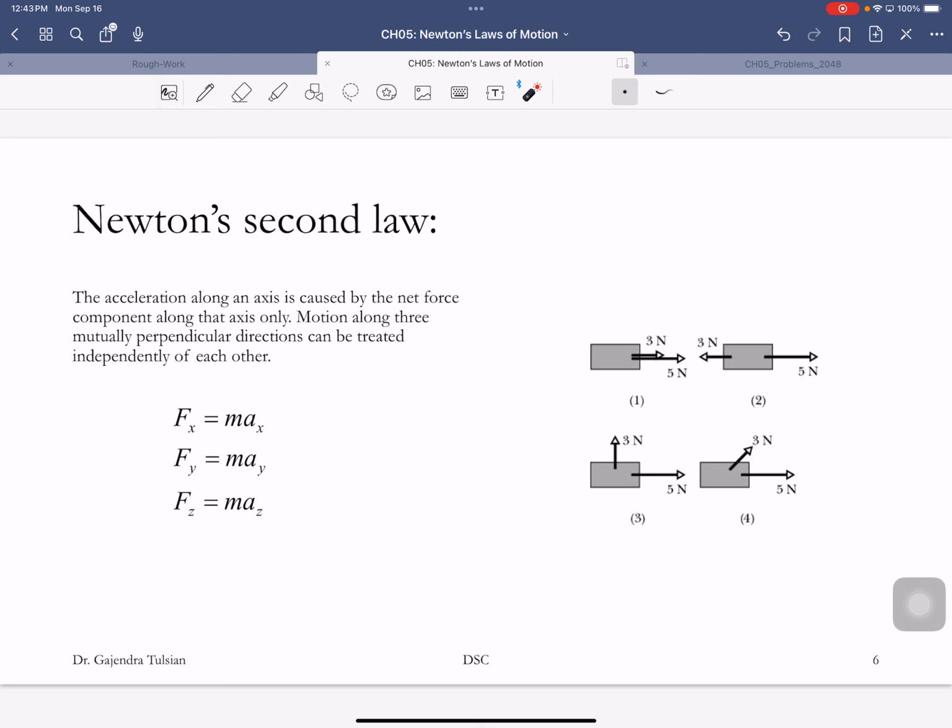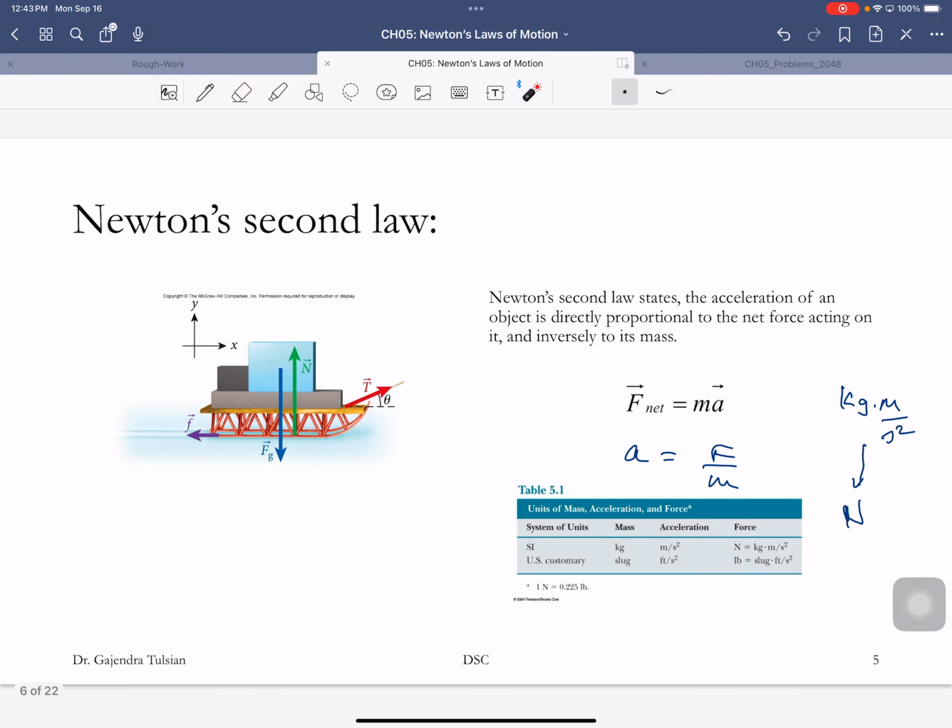That was the reason why we started off by studying one-dimensional motion, because when you're making changes in one direction of the motion, the other directions are independent of that.